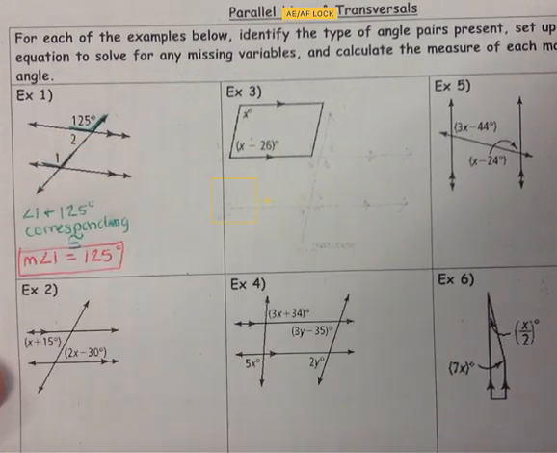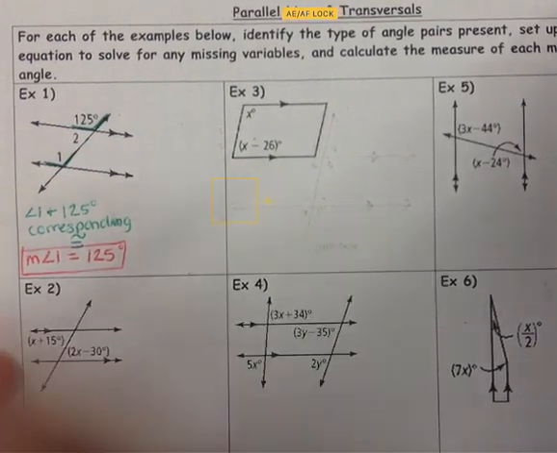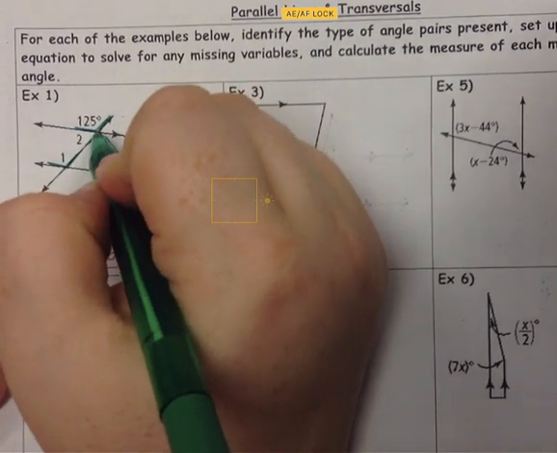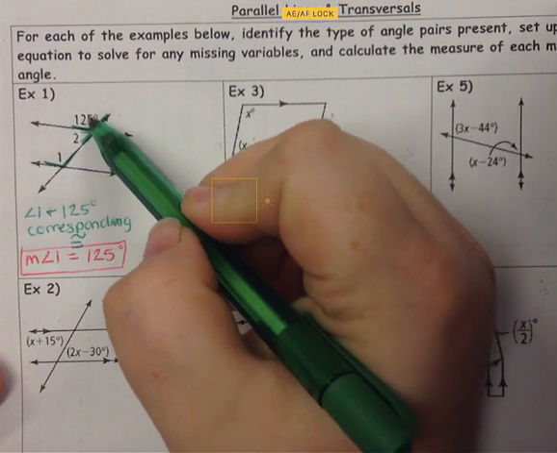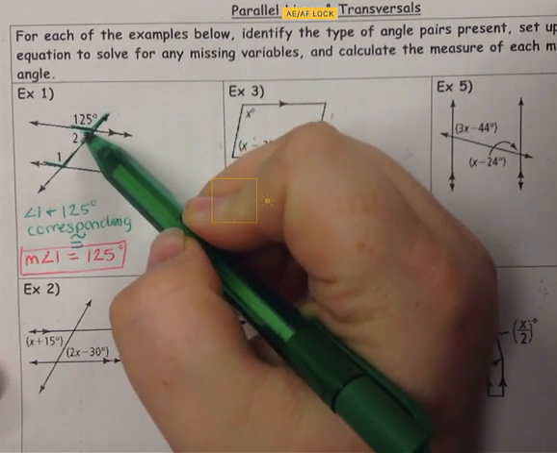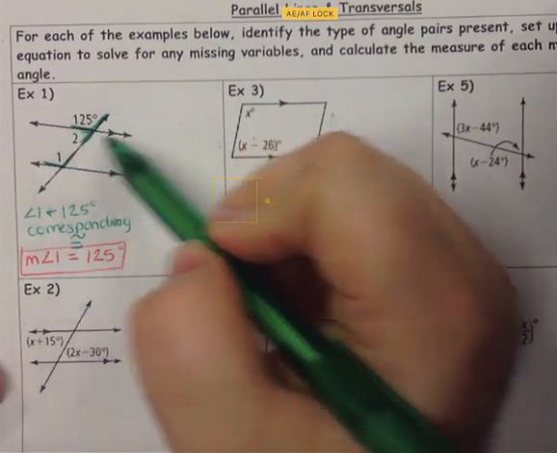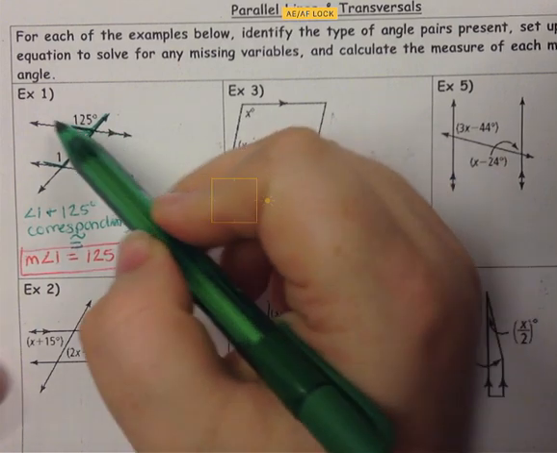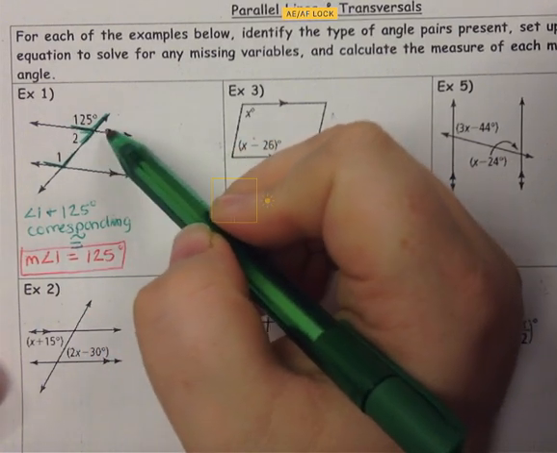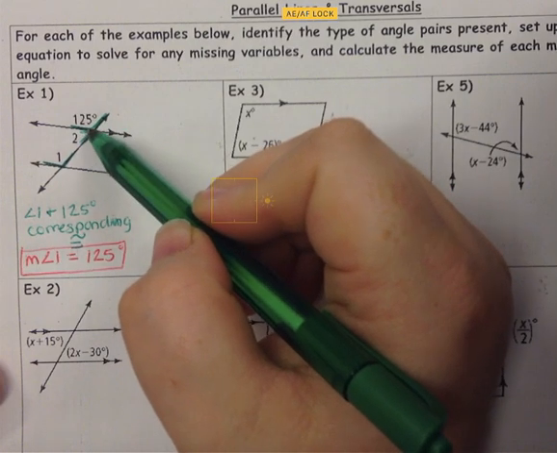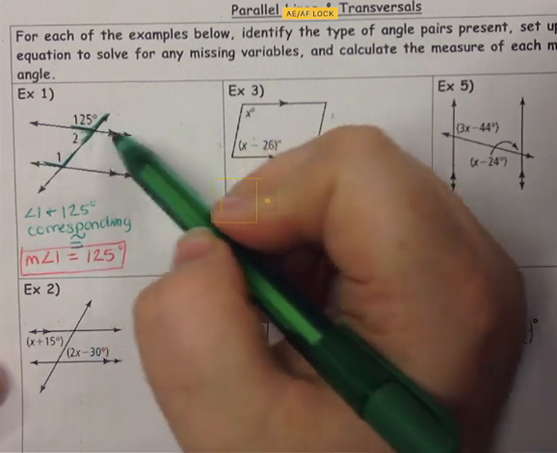Now if we go to angle 2, we can look at the same thing. So we have 125 degrees and angle 2. 125 and angle 2 are actually touching the same parallel line, so it's not one of the 5 relationships that come from parallel lines. It's one of the other 2 that comes from the same parallel line.